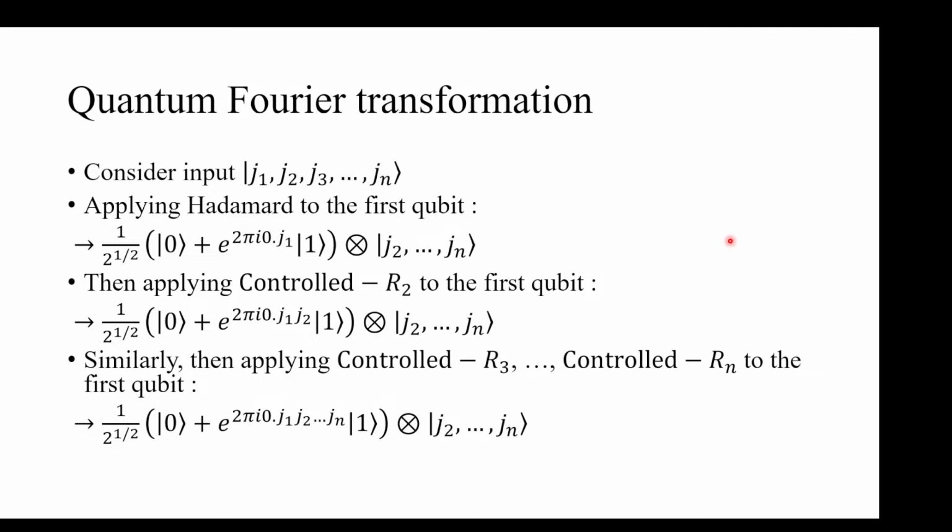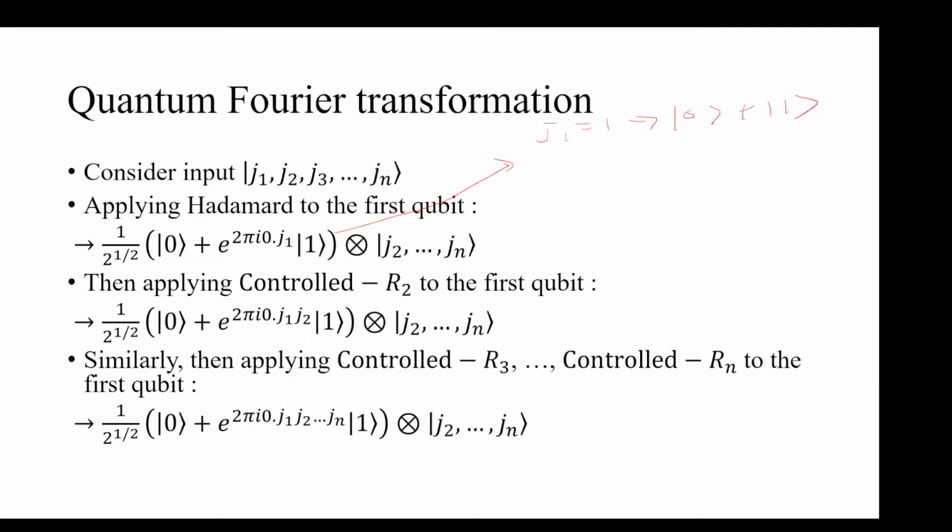I guess here we can write a bit more. If j1 equals 1, then after the Hadamard we have |0> minus |1>.